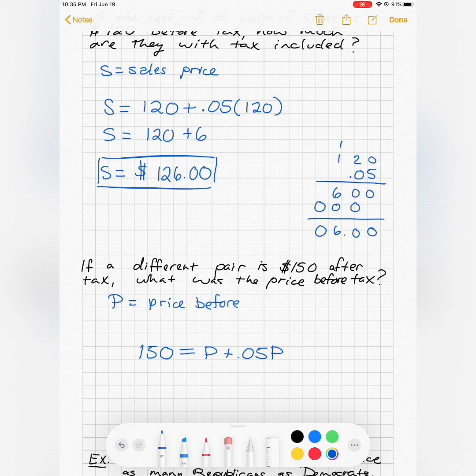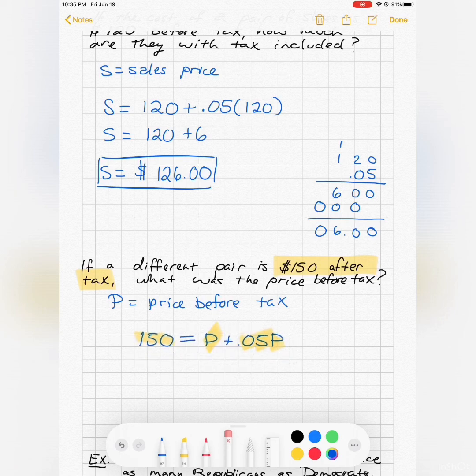Should always identify my variables here. So if P is the price before tax, then let's see what this says. It says I start with that initial price. I add 5% of that initial price in tax, and the price after tax is that 150. So that looks good. So then I have to solve this for P. Okay, so I actually have like terms here. I have 1p plus 0.05p.